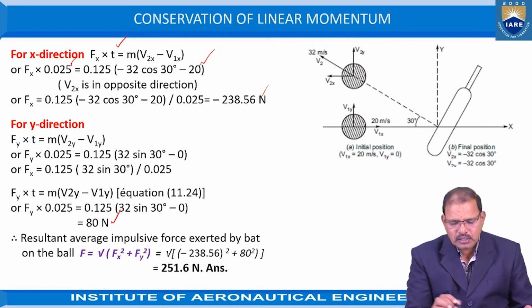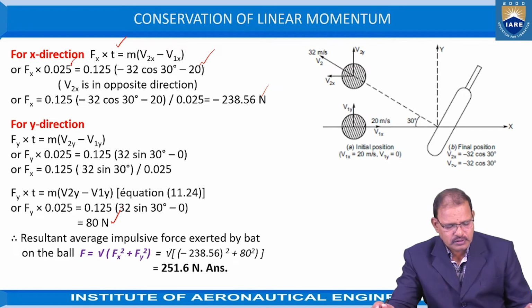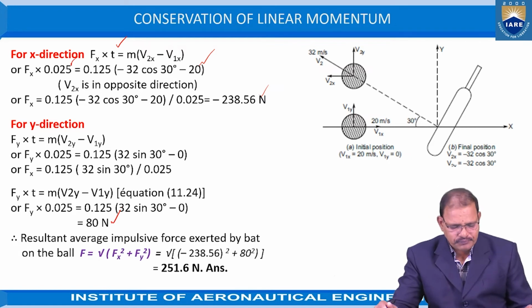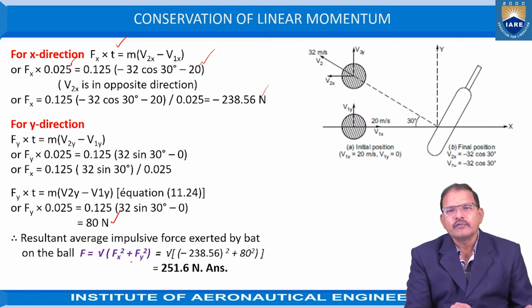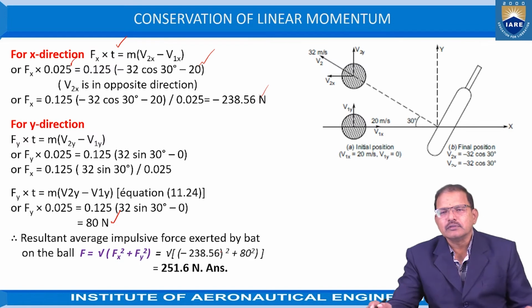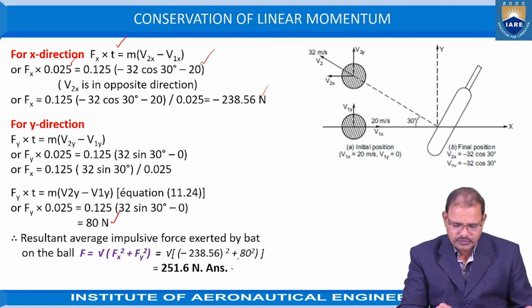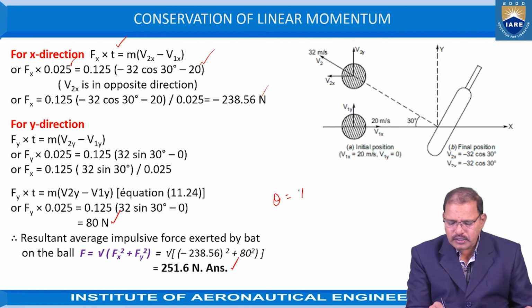Substituting the values, we got Fy equal to 80 newtons. So the resultant force is given by F equal to the square root of Fx squared plus Fy squared. From this relationship we got 251.6 newtons. And theta we can take as tan inverse of 80 divided by 238.56.